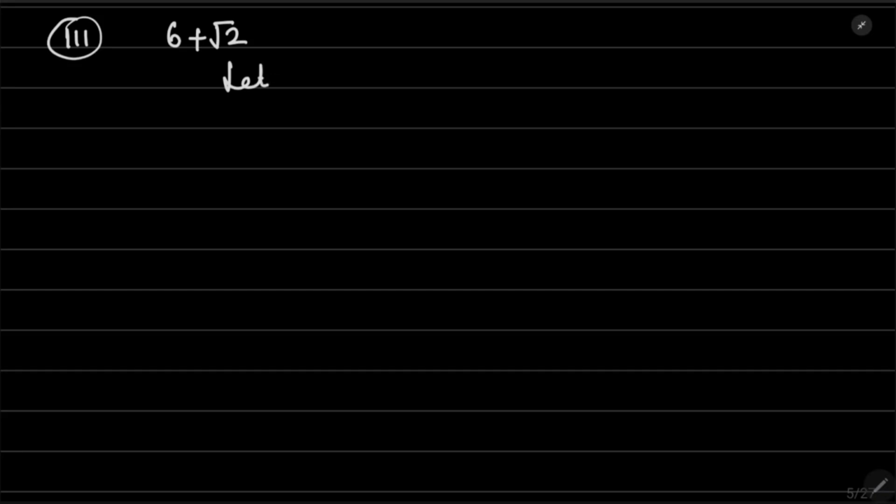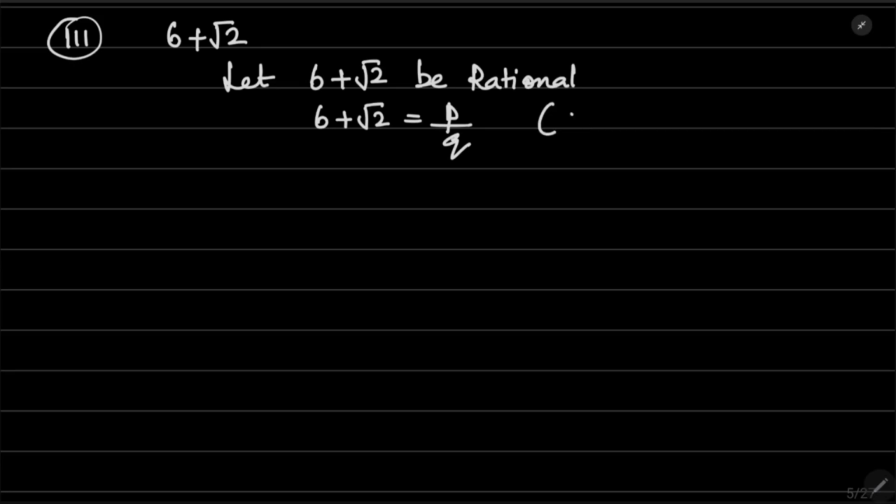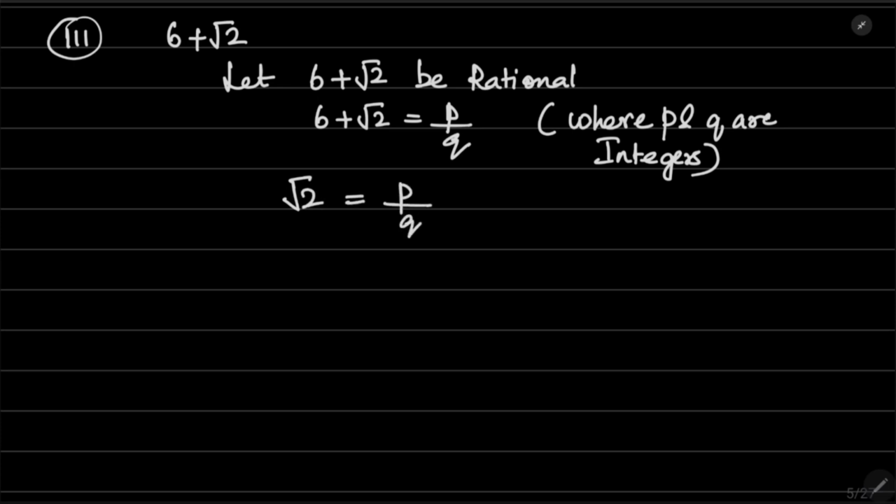So how would you start? Let 6 plus root 2 be rational. So 6 plus root 2 equal to p by q, where p and q are integers. Then root 2 you can separate out, equal to p by q minus 6.